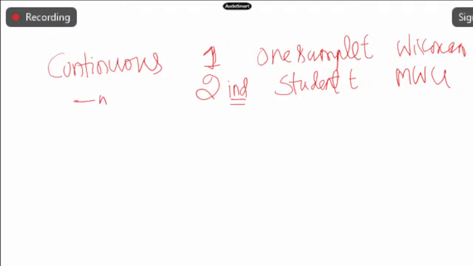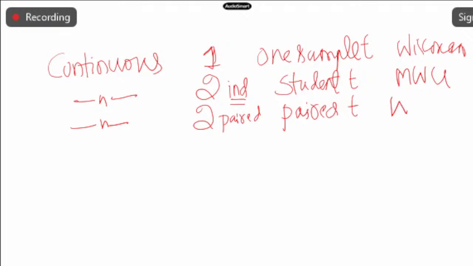Now, if you want to find out the significance of the difference in continuous variables between two paired or related groups, then we do the paired t-test. The alternative to paired t-test is the Wilcoxon sign rank test.